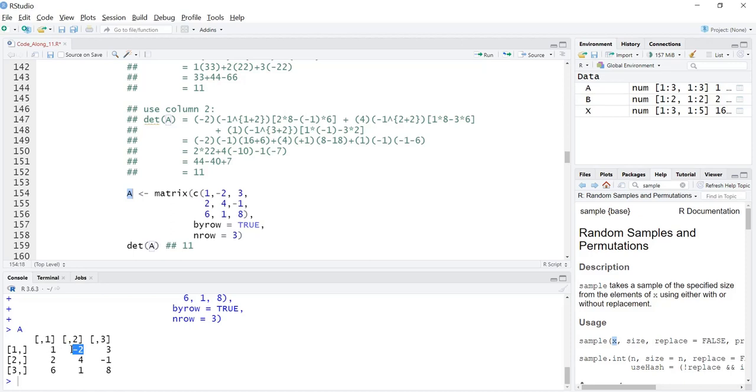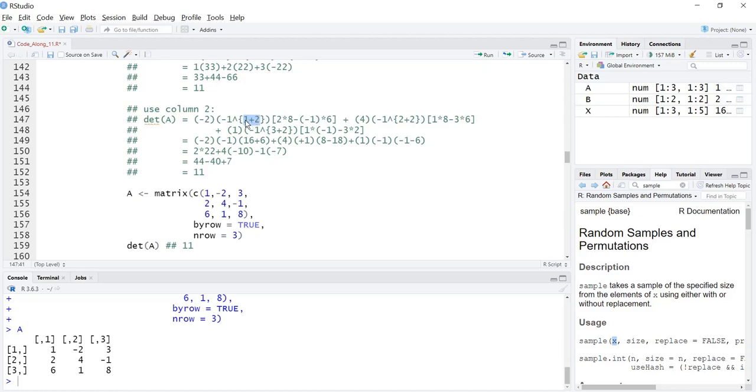So remember, I have to multiply this by a negative 1 raised to the i is 1, j is 2. That's 1 plus 2 is 3. That's an odd power. Negative 1 to the third is going to be a negative 1. So I took negative 2, and then negative 1 raised to the i plus j.